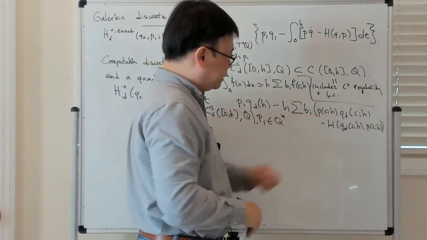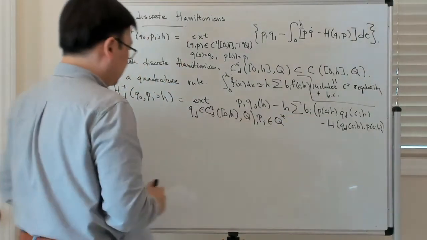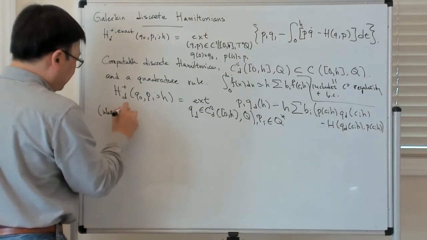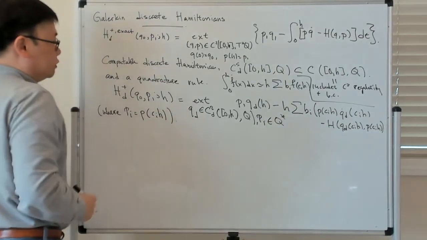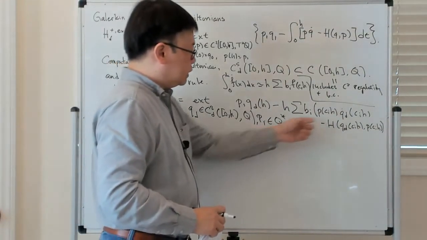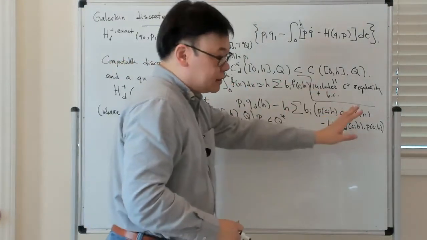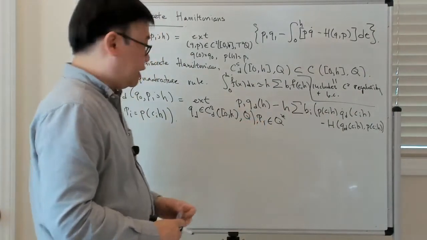Formally I've written p at c_i h, with the understanding that the p_i's are really p at c_i h. The point is that you're varying over these values, and the extremization or stationarity condition will allow you to pick out those distinguished values of the p_i's.